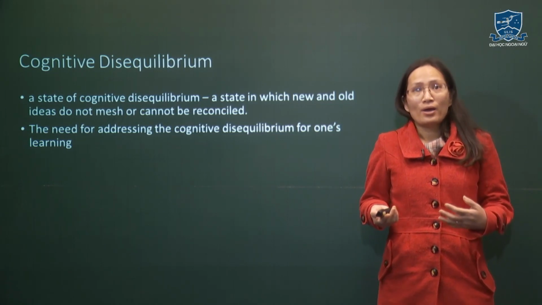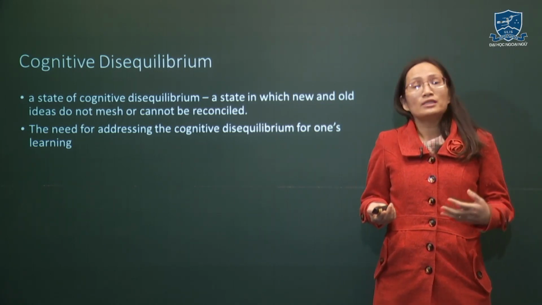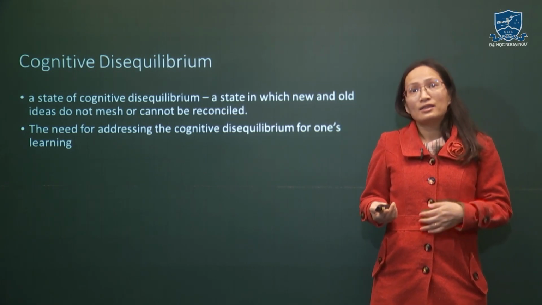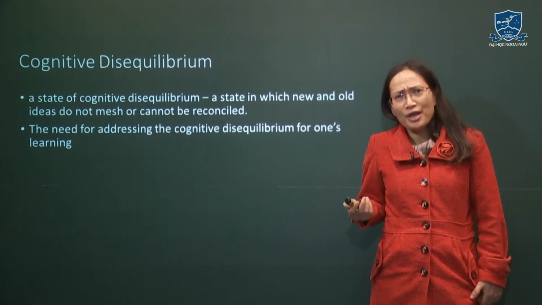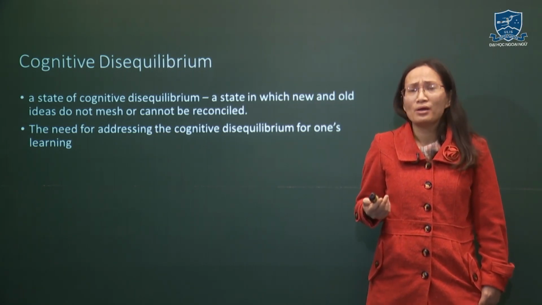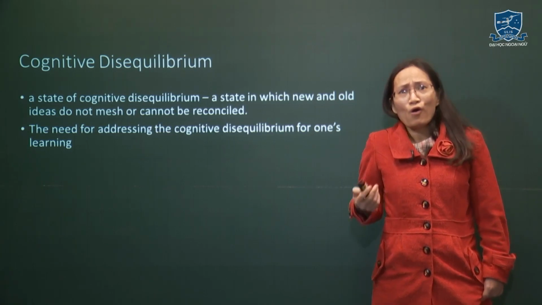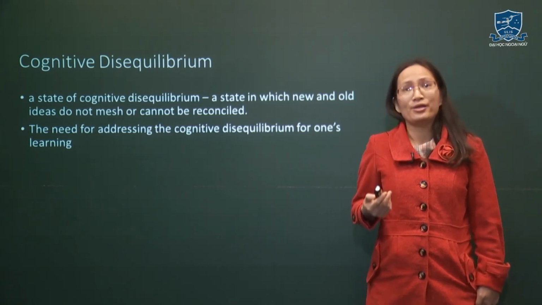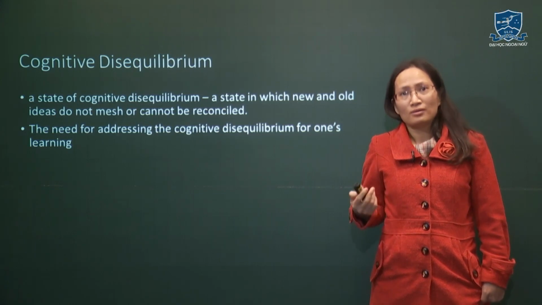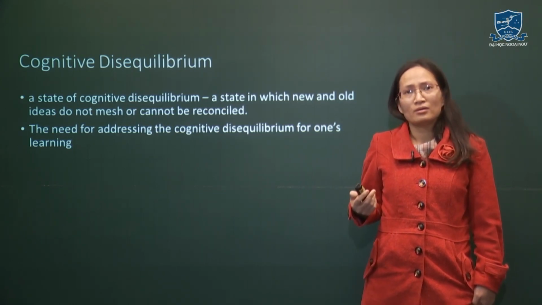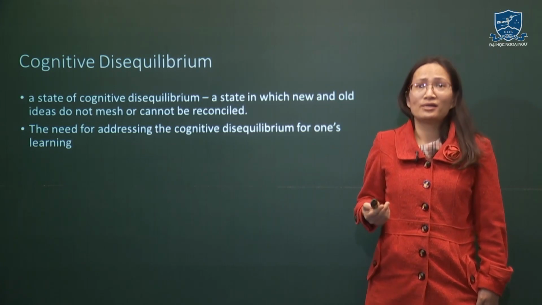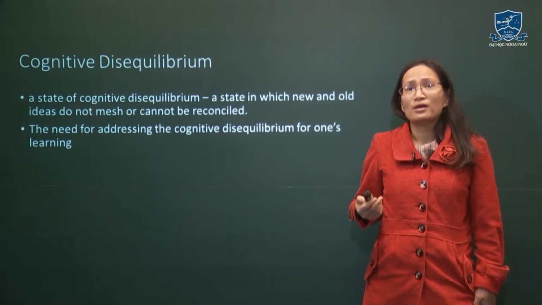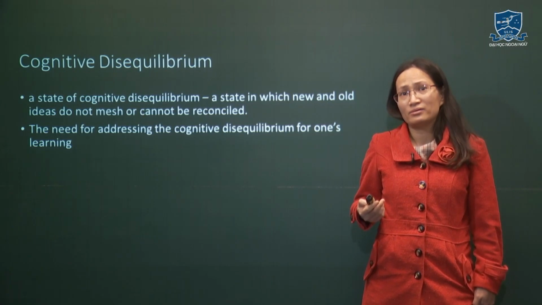So it's often the case that the learners, when they encounter something new, and they recall what they have already known about a similar object, fail to fit the new information input into their existing schema.